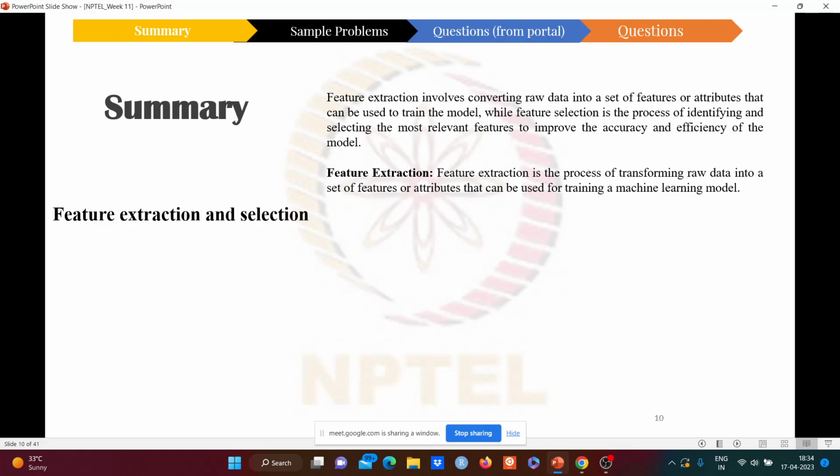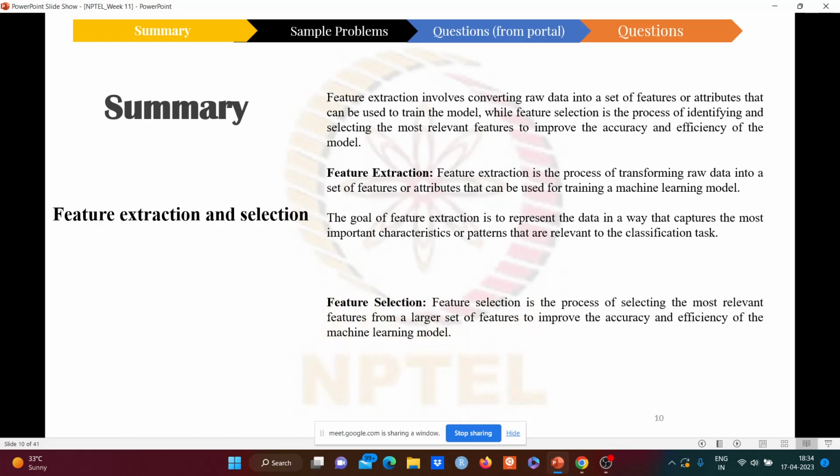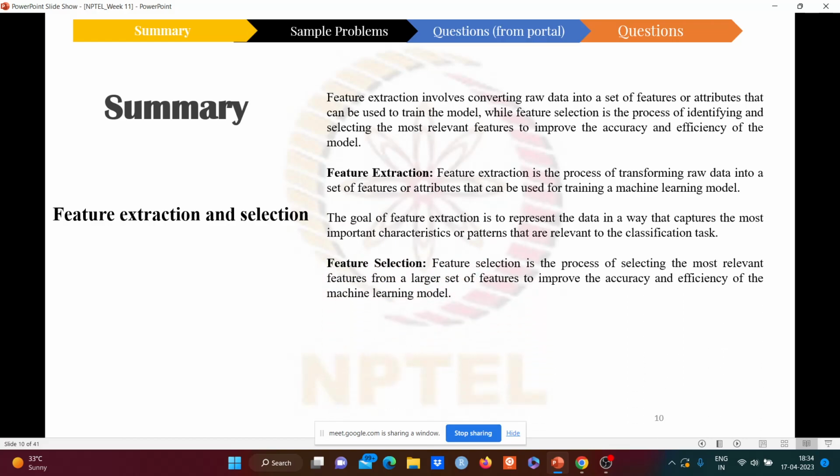Next is feature selection, which is the process of selecting the most relevant features from a larger set of features to improve the accuracy and efficiency of the machine learning model. The goal of feature selection is to reduce the dimensionality of the data while preserving the important information.